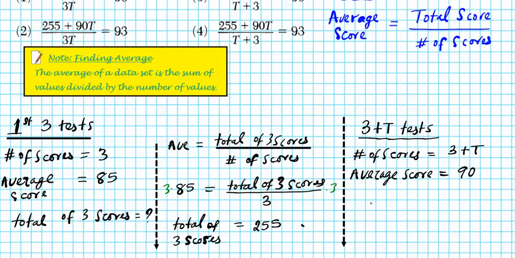So we have the number of scores, we have the average, and we need the total scores. The total of not just 3, not just T, but 3 plus T scores. What is the total? Well, this can be given by the total of the 3 scores, which we computed to be 255, plus the remaining tests.